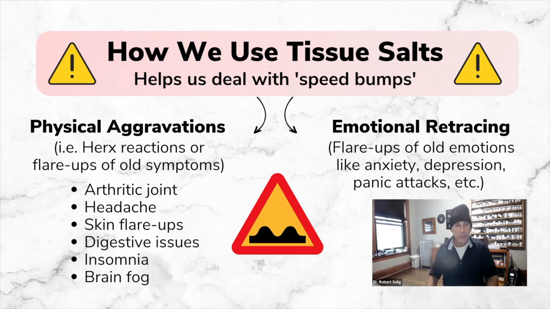So we use the tissue salts to conduct the mineral grid, the mineral matrix, to help deliver the mineral to where it needs to go, part A. Part B is for the aggravations, the Herx reactions, the retracing. So we can use it both ways.